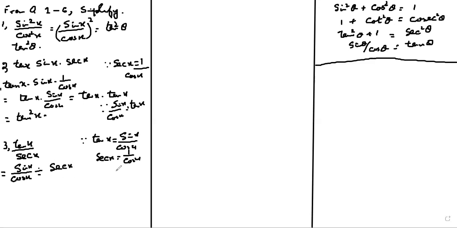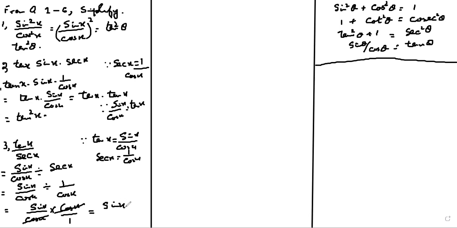Secant x is 1 over cosine x, so it equals sine x over cosine x divided by 1 over cosine x, which equals sine x over cosine x multiplied by cosine x over 1. This cosine x got cancelled with this, and we are left with sine x only. So this is our final answer, and I hope you understand it well.